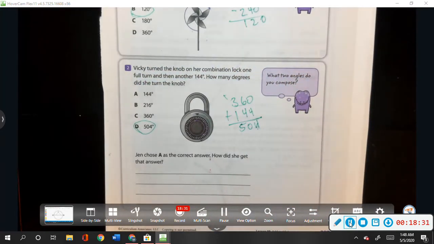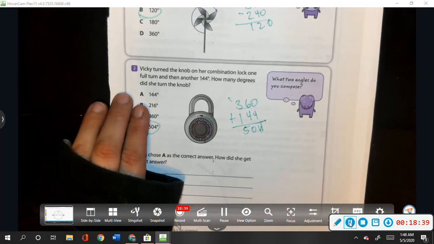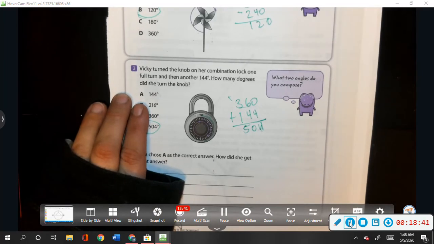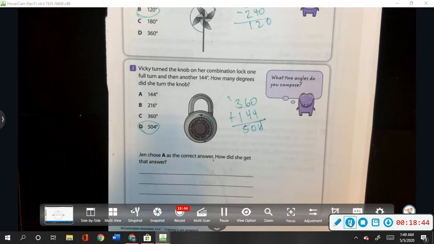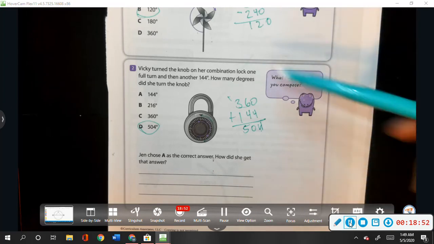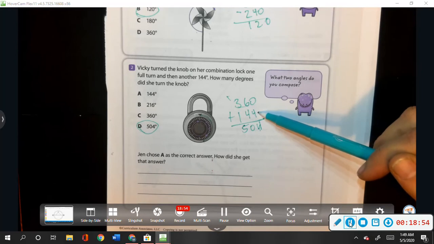504 degrees. Now, Jen chose A as the correct answer. How did she get that answer? Well, A says 144 degrees. How would she come about thinking that the answer was 144? Well, that's the same number we used to add, wasn't it?